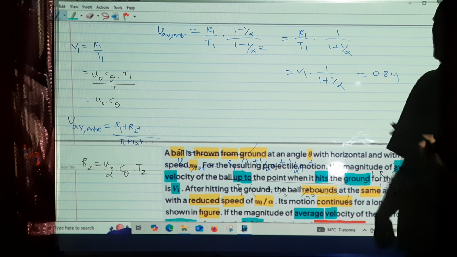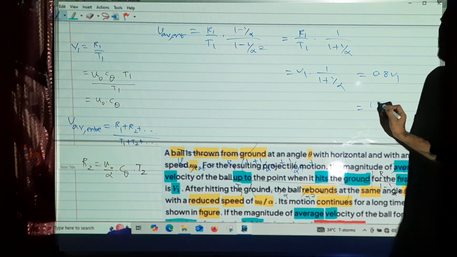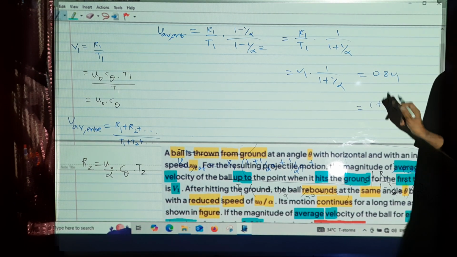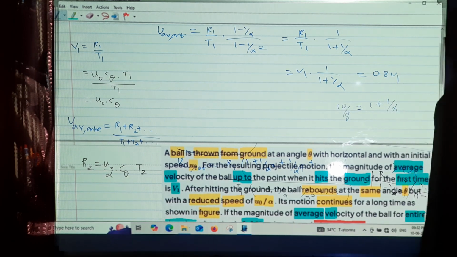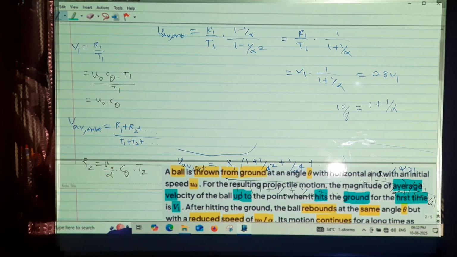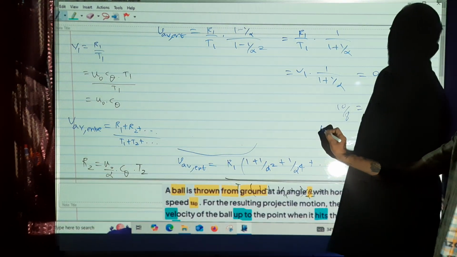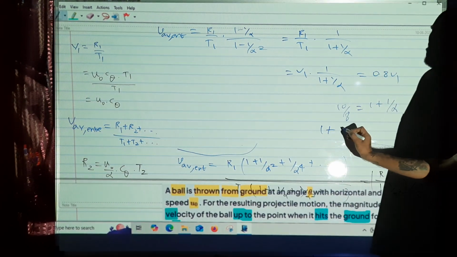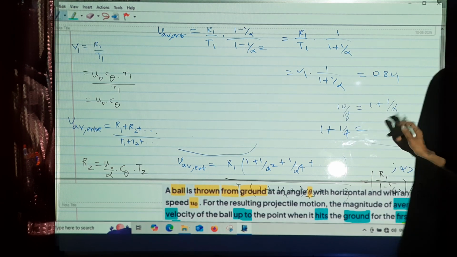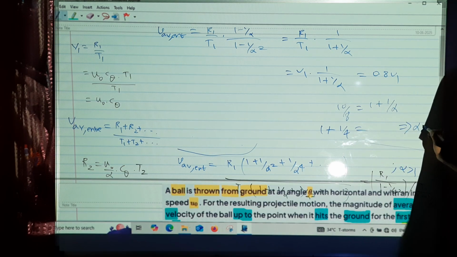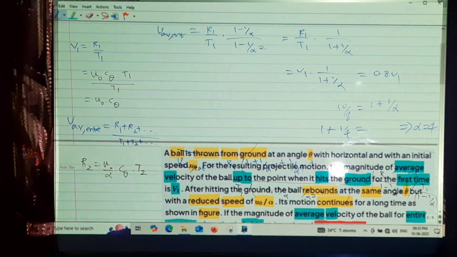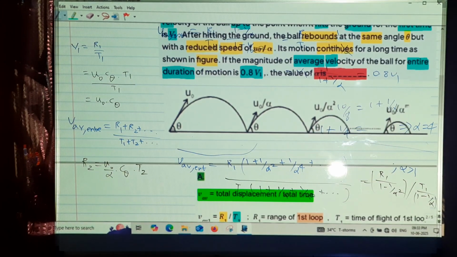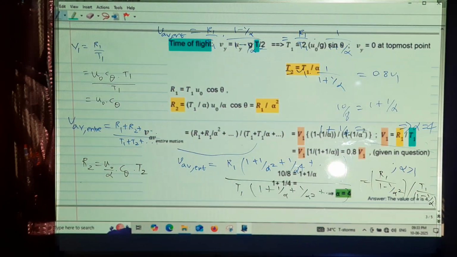I can take 1 by 1 plus alpha to the right side. 0.8 is 8 by 10, so it goes to the right side and becomes 10 by 8. 10 by 8 is 1 plus 2 by 8, and 2 by 8 is the same as 1 by 4. So if you compare, we get alpha as 4. The question is to find alpha. It's a simple question but slightly lengthy. Four is the correct answer.